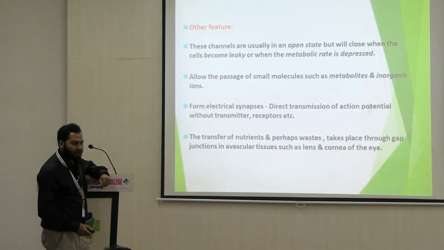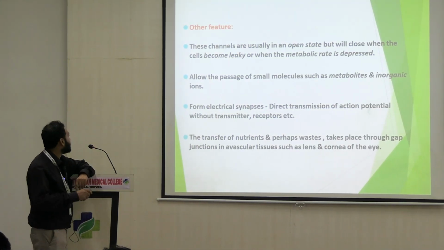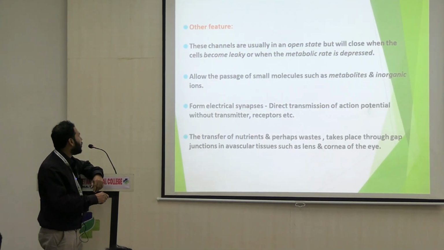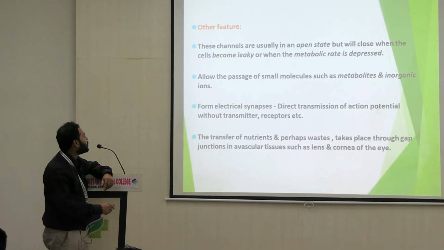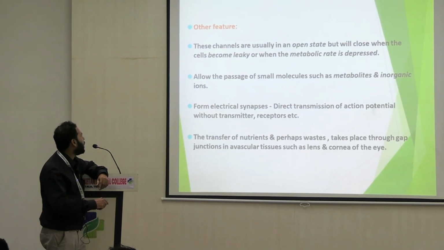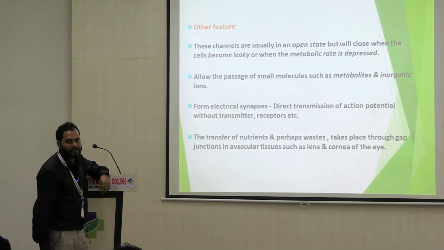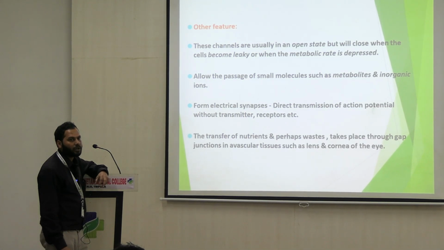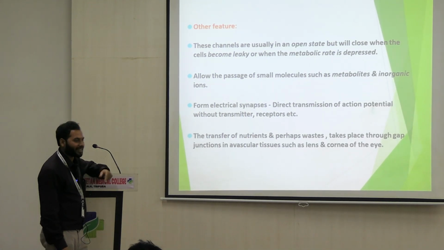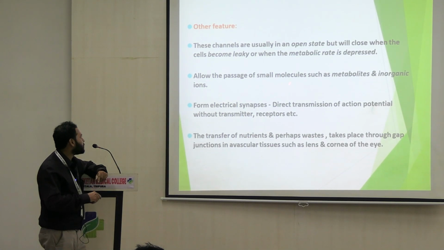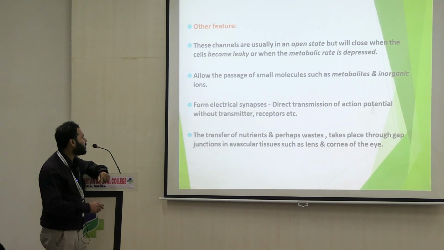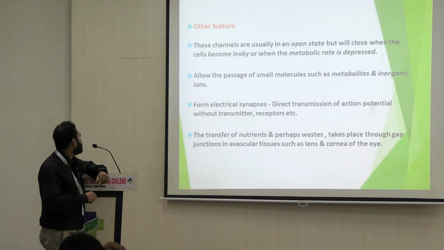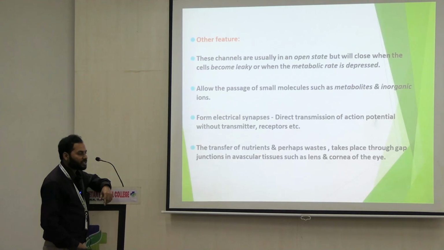Now, what are the other important features of these gap junctions? These channels are usually in an open state, but will close when the cells become leaky and when the metabolic rate is depressed. This is one condition when these gap junctions act. It allows the passage of small molecules such as different types of metabolites and inorganic ions to form an electrical synapse.